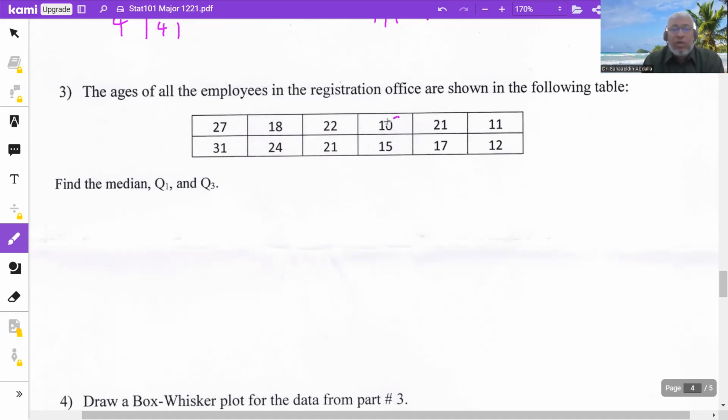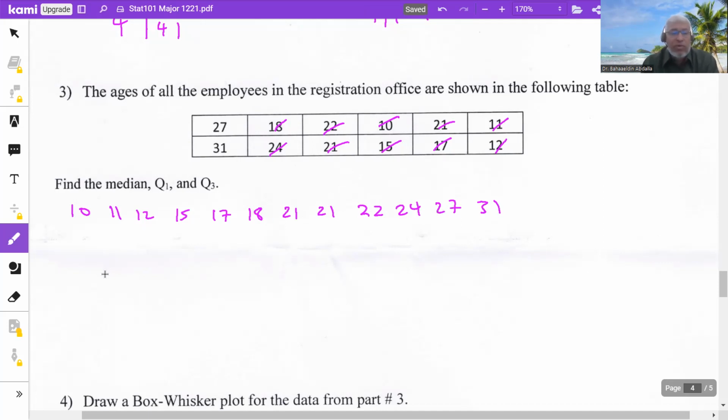The smallest is 10, then 11, 12, 15, 17, 18, 21 twice, 22, 24, 27, and 31. So these are the data: 2, 4, 6, 8, 10, 12 numbers.